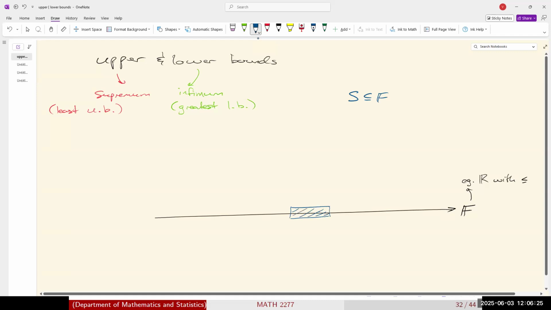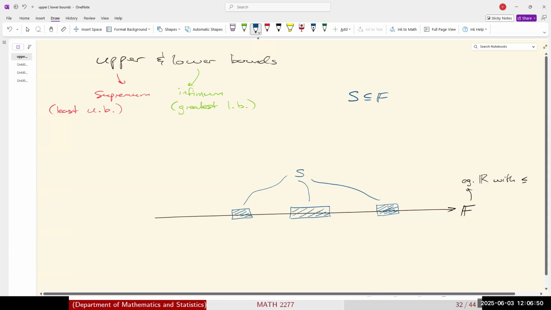The blue represents the set S. Maybe some of the set is down here. Maybe some of the set is up here. So the set doesn't have to be an interval. The set could be anything. It could even be a bunch of finite points. Okay, so this thing here in blue is your set S.